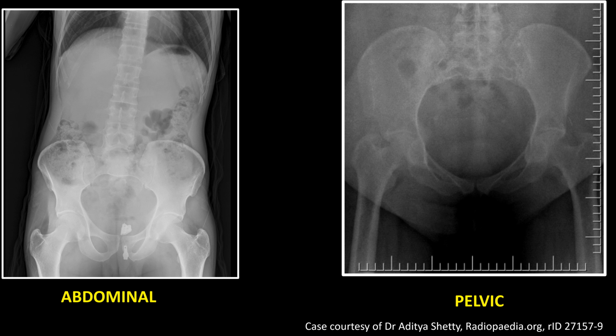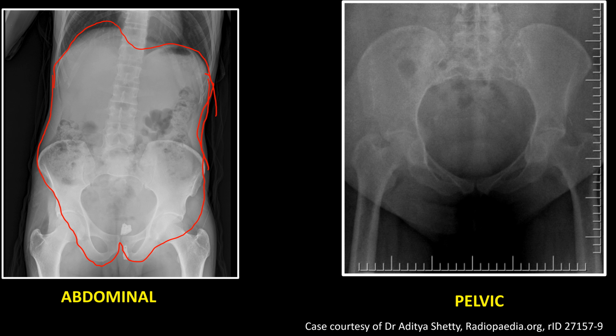In abdominal X-ray, the diaphragm, lateral wall of the abdomen, and pubic symphysis should be visible. But as the abdomen is quite a large area, a single X-ray film may not cover the whole abdominal region.